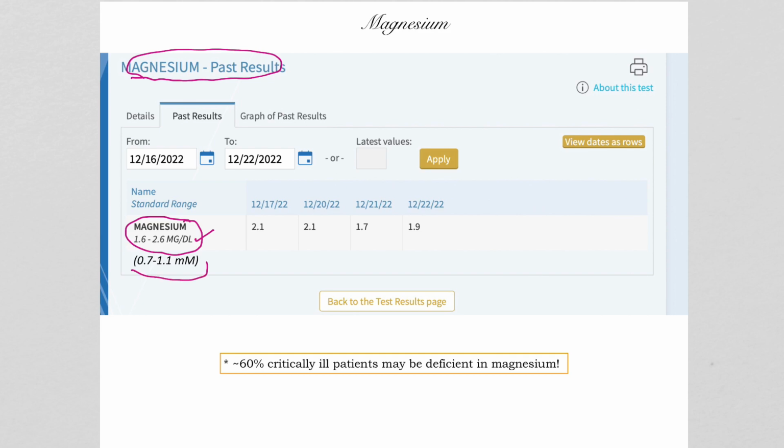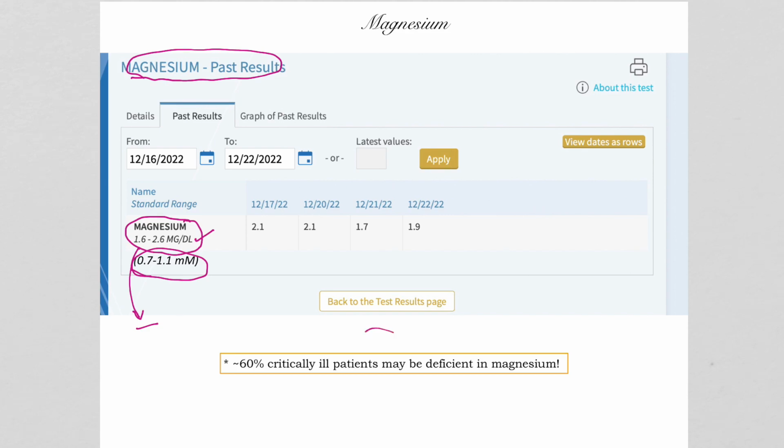That comes out to be roughly 1 millimolar. Just to remind everyone, these reference ranges change based on the lab, the technology, the assay they're using, and so on. So this is just to give you an idea roughly what the magnesium is. You'll have to use results from your own lab and your own hospital labs.